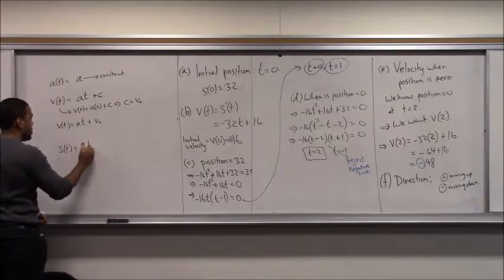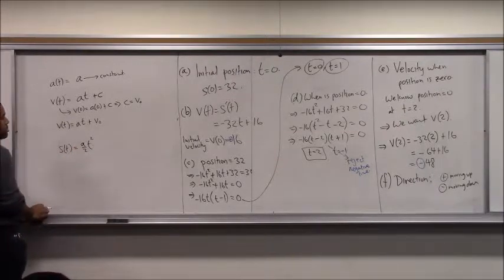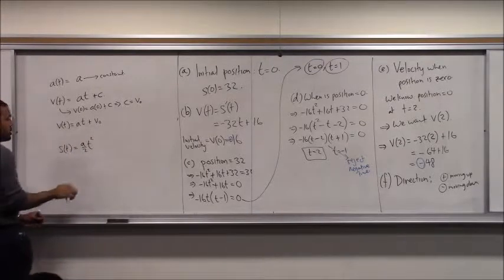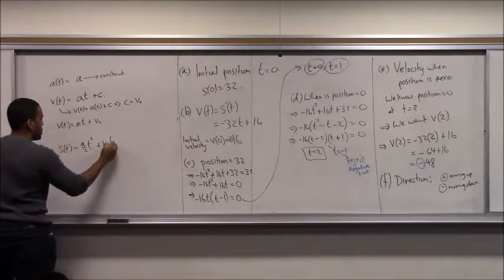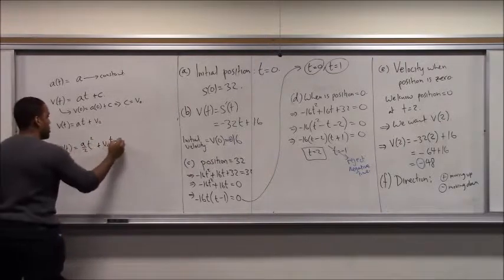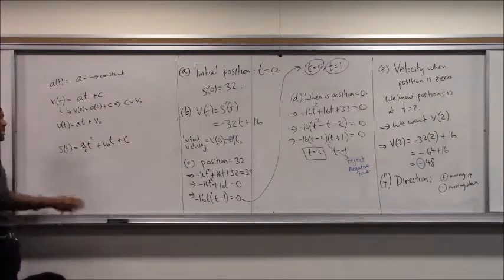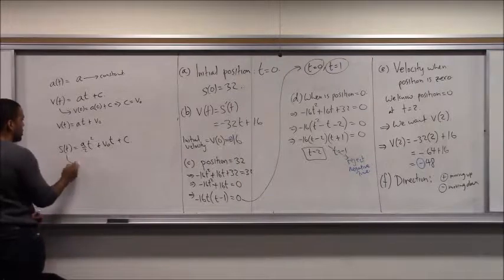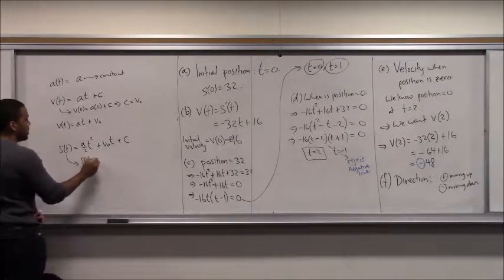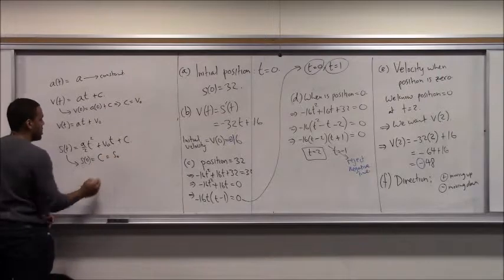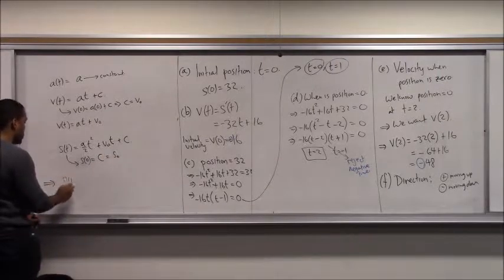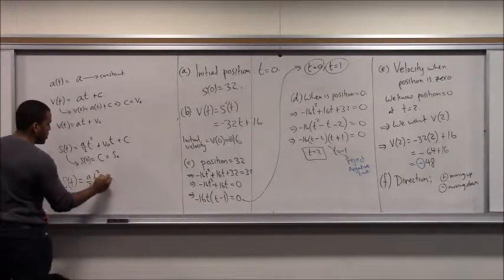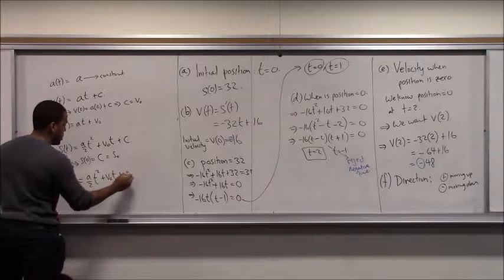Well, it would have to be this, because then if I differentiate this, the 2 would die and I would get that. To get that guy, I would have this times t. And then there'll be some other constant here, maybe a plus 7, a plus 9, a plus 5, doesn't matter, some constant that would die. To figure out that constant, you can use the initial position, which they call s naught. And so ultimately your position function is a over 2 t squared plus v naught t plus s naught.